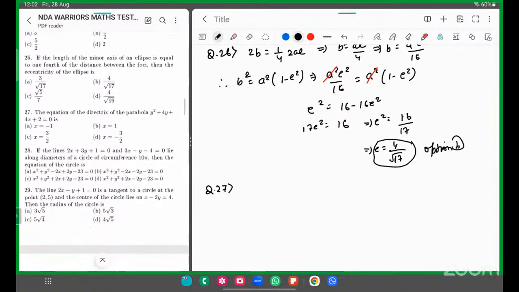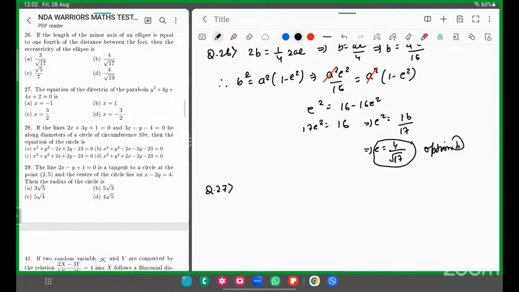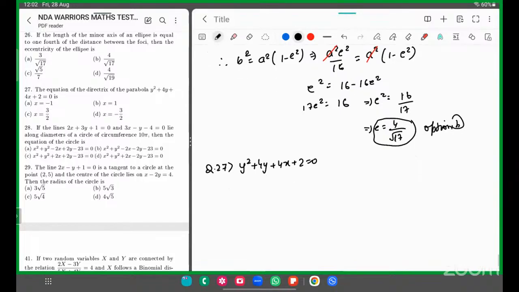The equation of the directrix of the parabola they are asking. The equation they have given is y square plus 4y plus 4x plus 2 equal to 0. I will try to bring it into standard form by the completing the square method. y square plus 2 into 2y plus 2 square minus 2 square plus 4x plus 2 equal to 0.